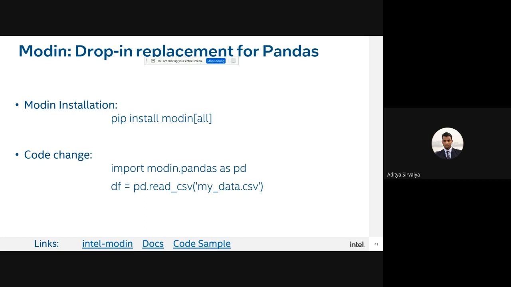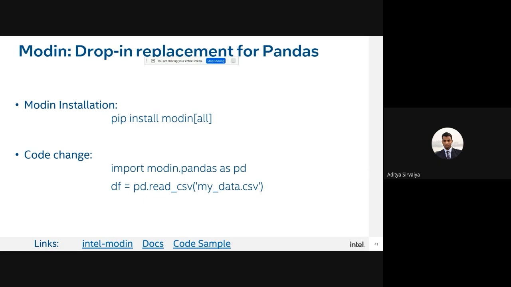All means it's installing all the backends, Ray, Dask, or HDK, OmniSci. But you can also specify which backend you want to use. Let's say Ray you want to use, you can just specify modin[ray] in place of all.